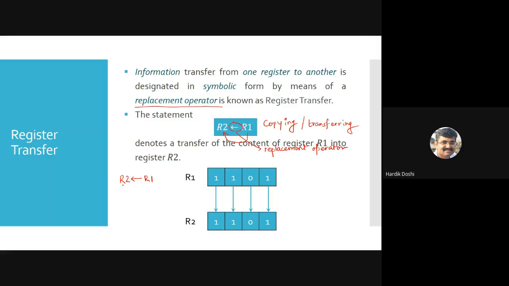Now my convention of speaking would be R2 arrow R1, means content of R1 will be transferred to register R2. Fine. So the first notation that came into the picture is the arrow, the replacement operator, R2 arrow R1.